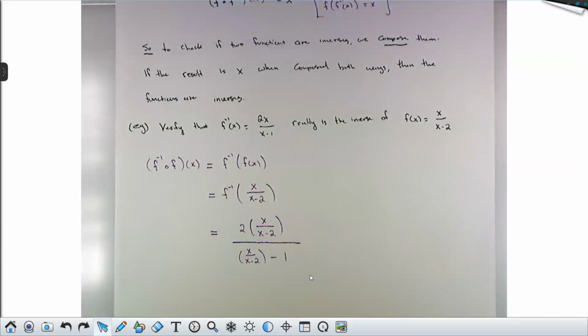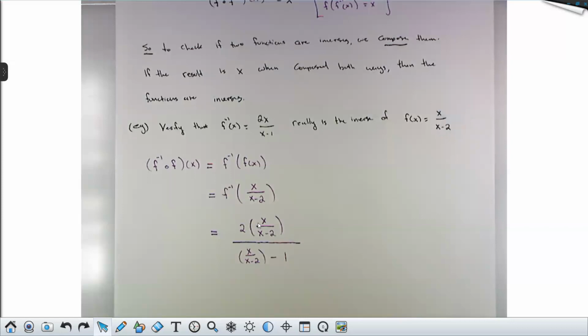Would we cancel out the x over x minus 2 or no? Well, is x over x minus 2 a factor of the bottom? Or an equivalent question, can I cancel the x's in this?